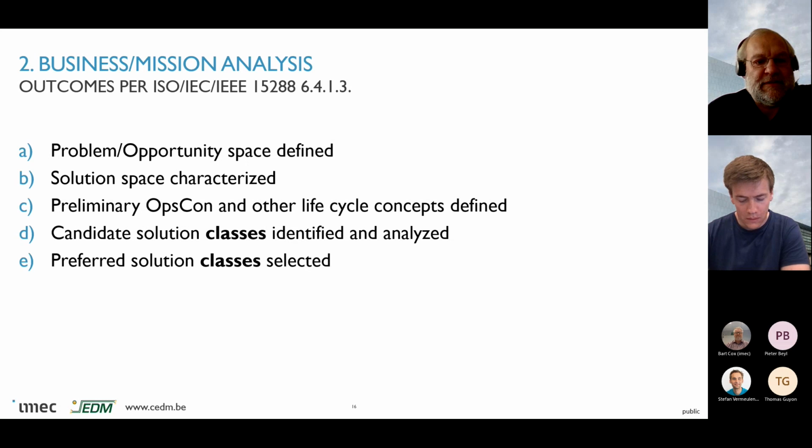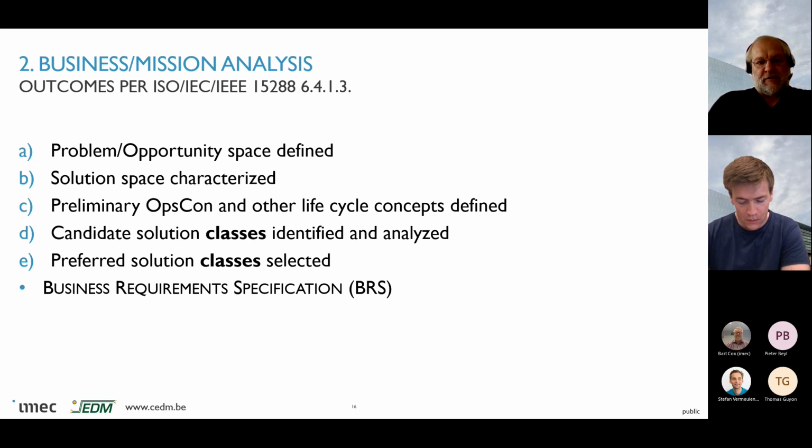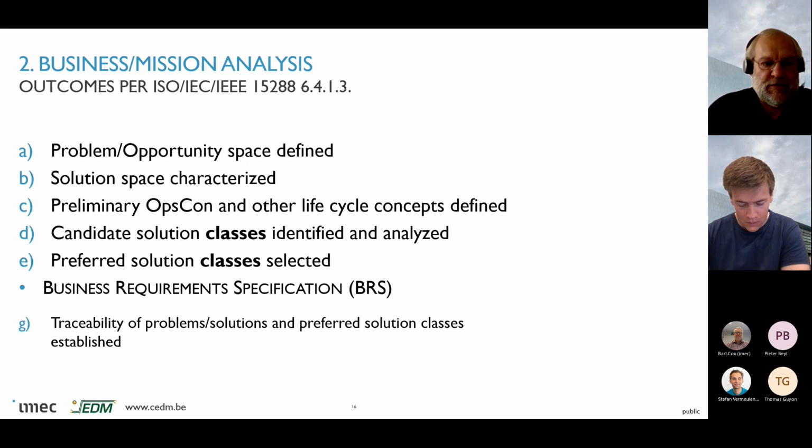We have selected the preferred ones out of that. And we create a business requirement specification which states or specifies what we expect from a business point of view from the opportunity or problem we are going to address. And we have all these management aspects covered.